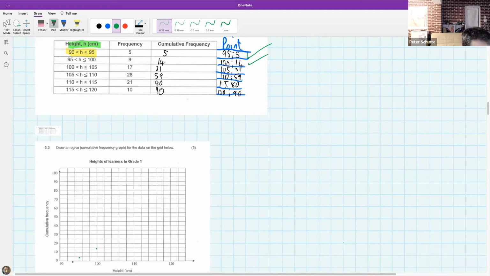Right, so 19. No, actually, this would be fine. That 95 should be on this 2, 4, 6. So it's going to be in the middle one.